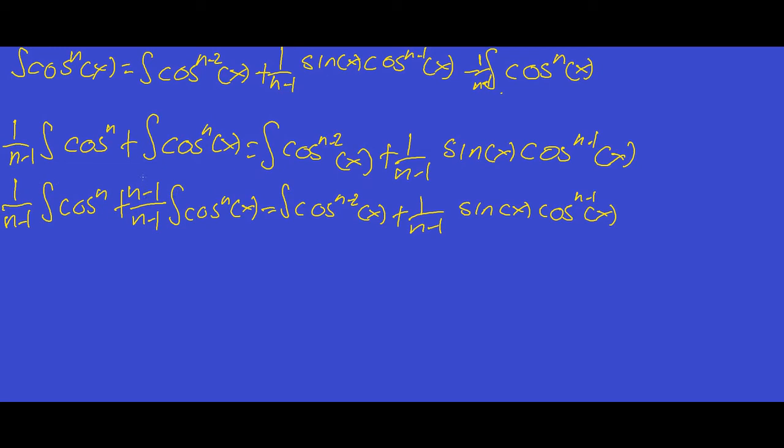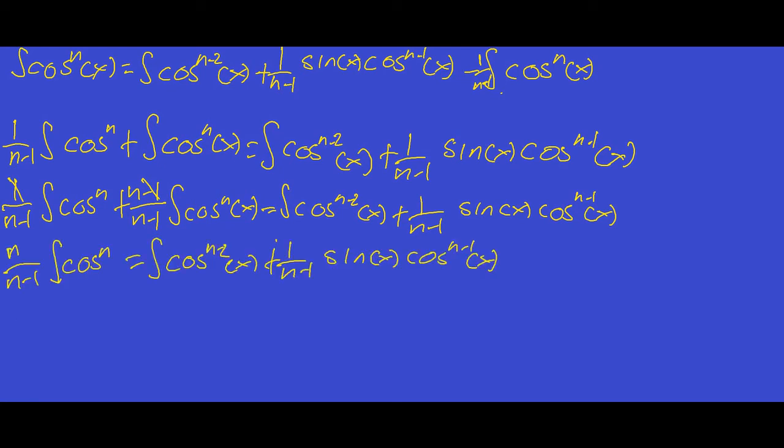So, 1 minus 1 equals 0. So, magiging siya n over n minus 1 integral of cosine raised to the power of n. So, tulad ng nakikita nyo sa screen, yan na, n over n minus 1 integral of cosine of n.